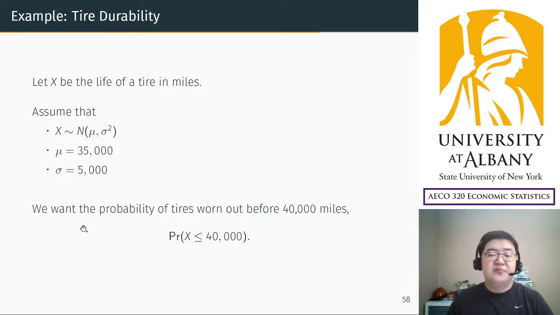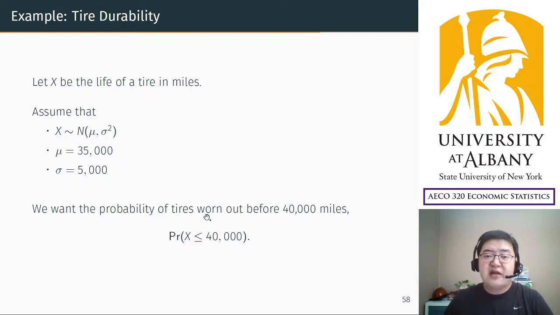For example, we would like to calculate the probability of tires wearing out before 40,000 miles. It's possible, of course, since it lasted longer than the mean. How many tires would be worn out before 40,000 miles? We are interested in this probability.